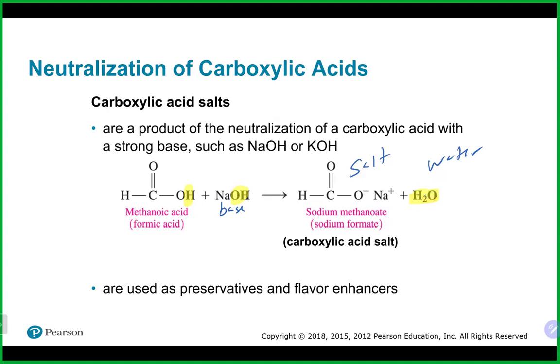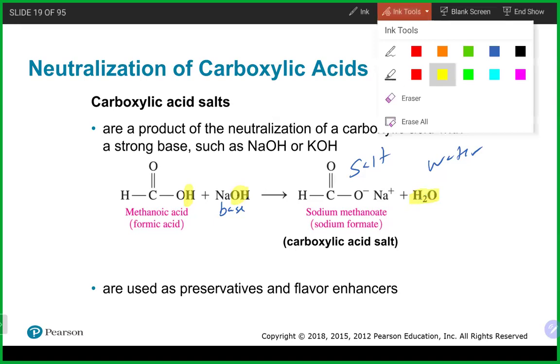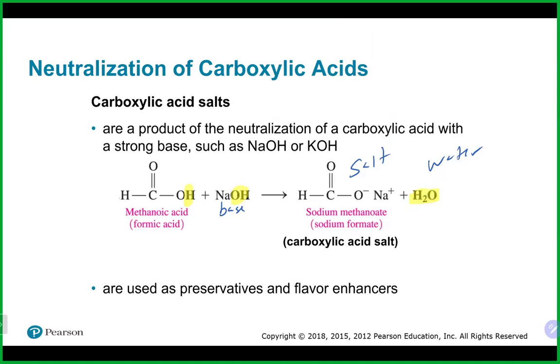And then pretty much everything else will remain the same on our carboxylic acid. This part of it is exactly the same, except it now has a negative charge. What makes it a salt is it's an ionic compound, so it has the sodium ion with it as well. That is what makes it the salt part of it, that positive, negative ionic situation that's happening.